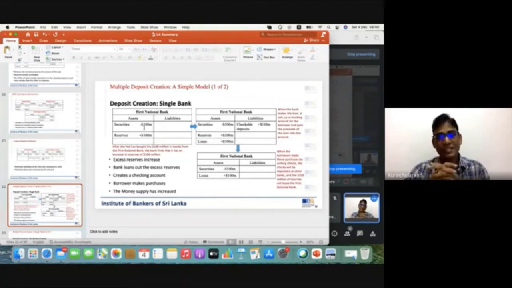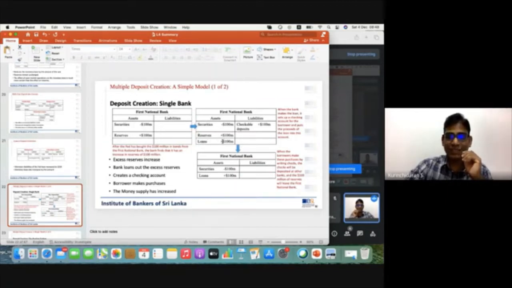Now the question is, now there's no requirement to have that reserve. What will happen? It's being kept in the central bank account, so the bank is going to lose out. So they can give money as a loan to others, right? So what will happen? When they give the loan to a customer, right?